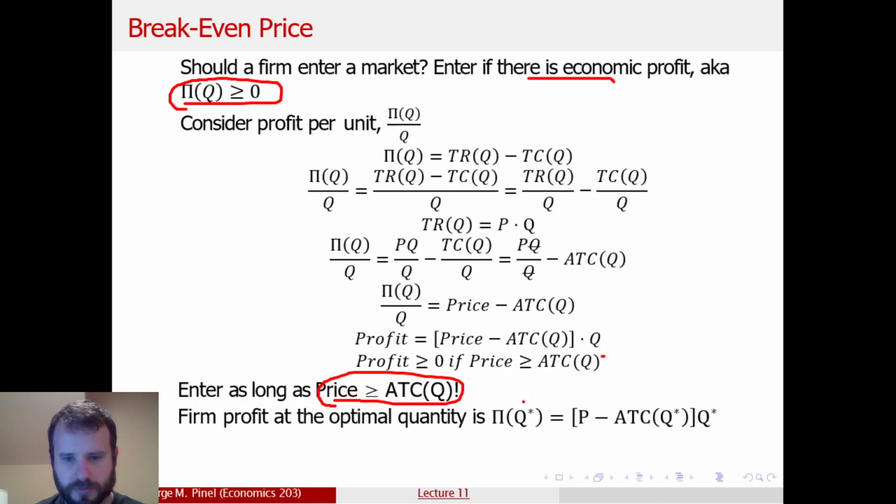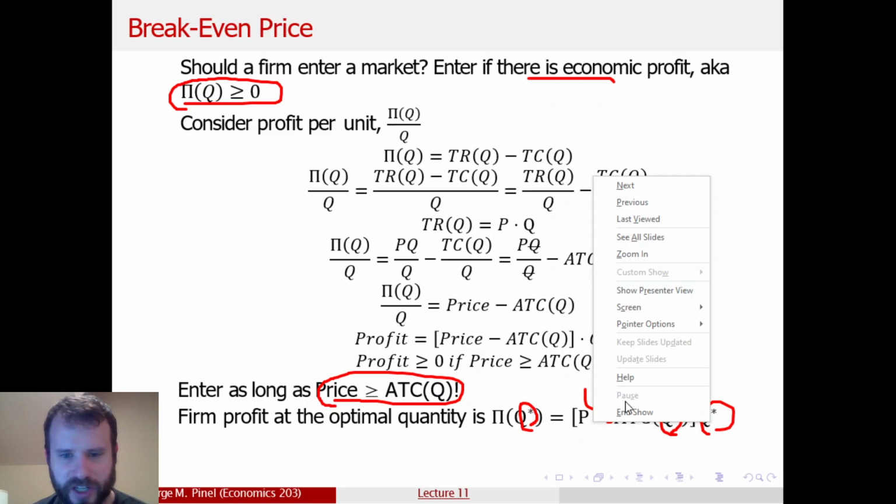Firm profit at the optimal quantity: I'm going to add in the Q stars back because these are functions of Q star. I don't have the Q star here because I was doing perfect competition, but for other forms of markets, you can add it back in. You don't need it though.